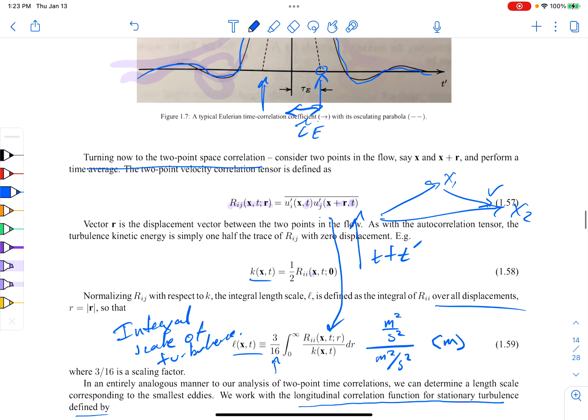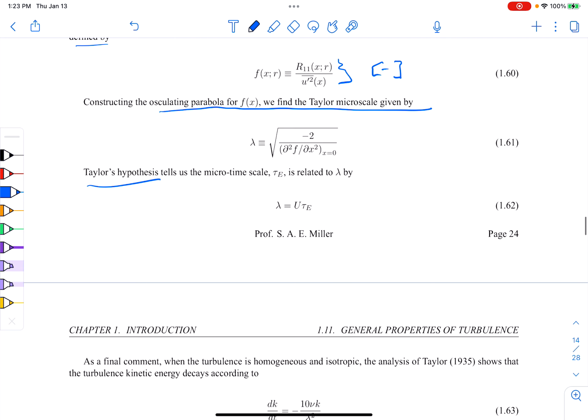So we'll mention that equation. I should have put it in the notes. You can show that the Taylor microscale, which is lambda, goes as some velocity scale, like the velocity of the flow, that convective velocity, times that intermediate time scale. So that's a length scale.